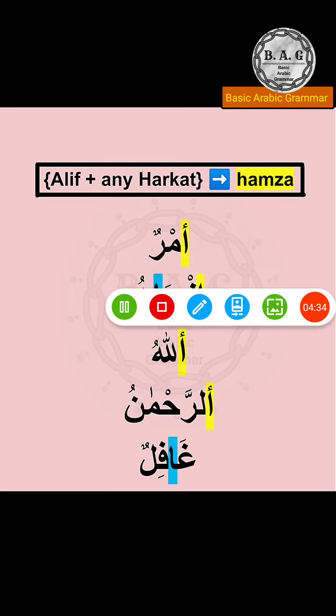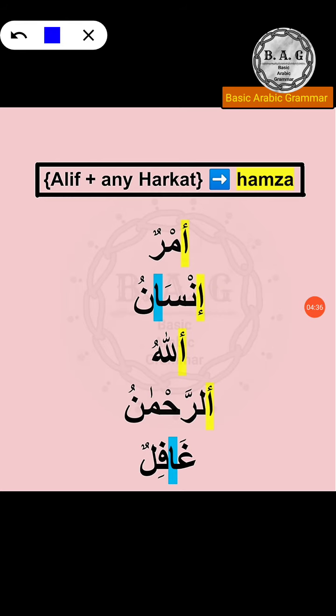Now the last topic is about Alif versus Hamza. What do I mean by it? Whenever Alif exists alone, that is, it doesn't have any harakat on it, it is called Alif. So Alif without any harakat is called Alif, and Alif with any harakat is called Hamza.